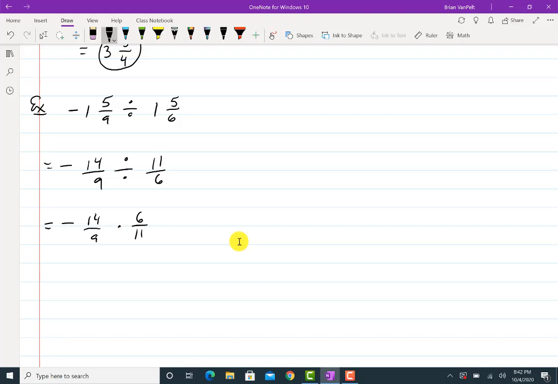And now let's cancel. The only thing that I see that cancels is 3 goes into both 9 and 6. So let me cancel it out. 14 times 2 is 28. And the bottom is 3 times 11. Well, whenever the numerator is less than the denominator, you know you're done.